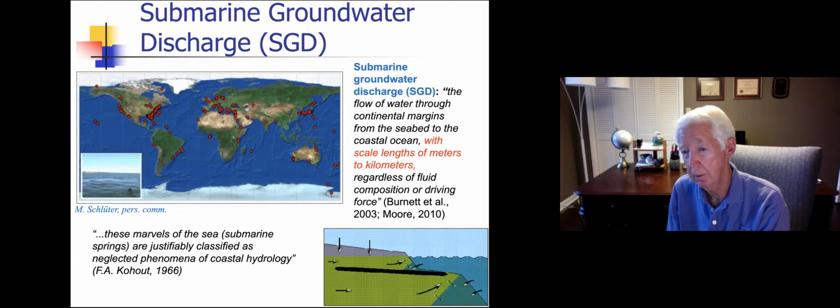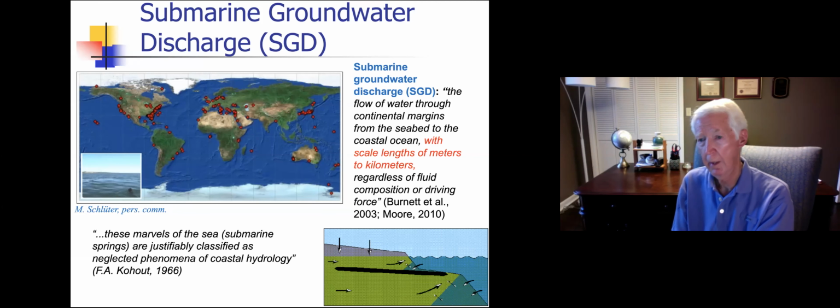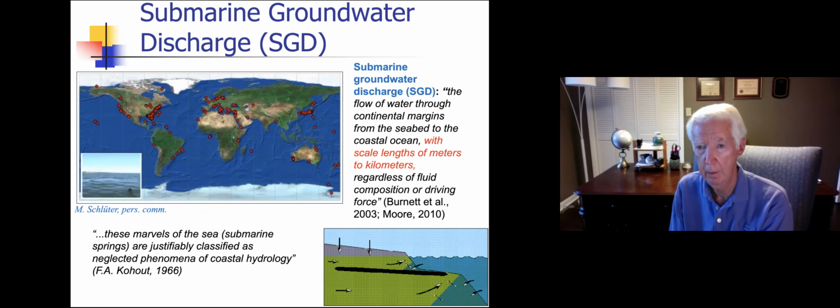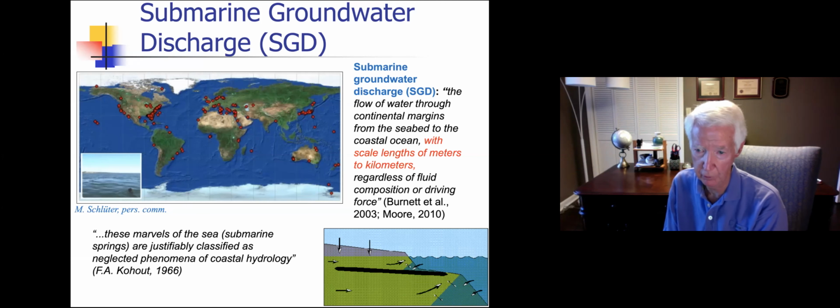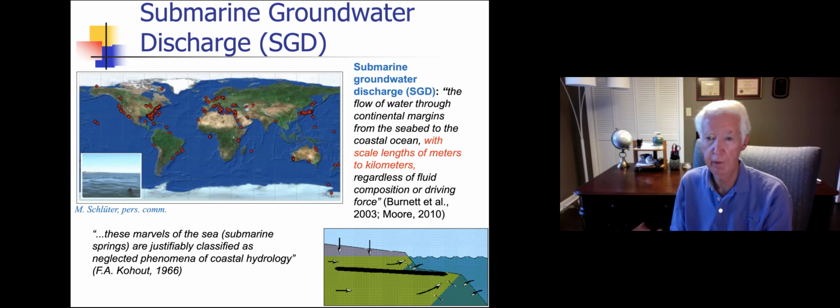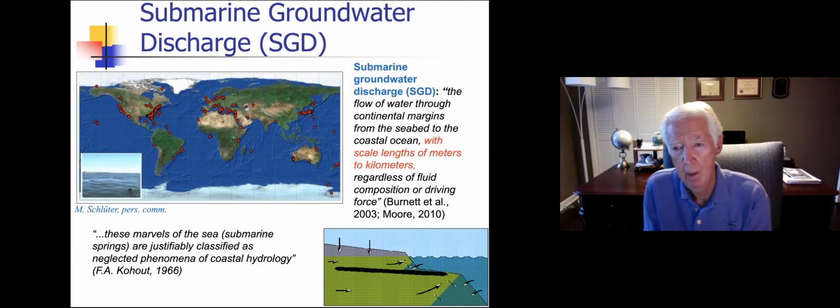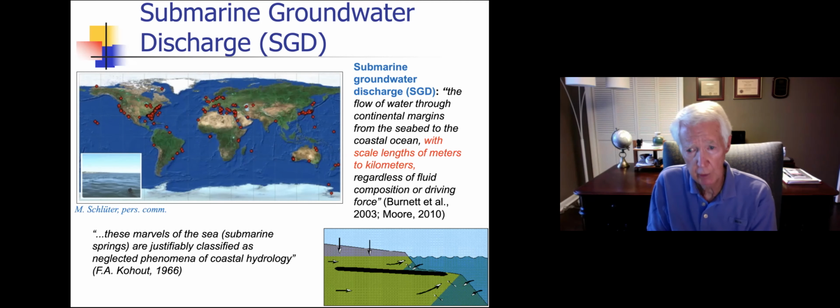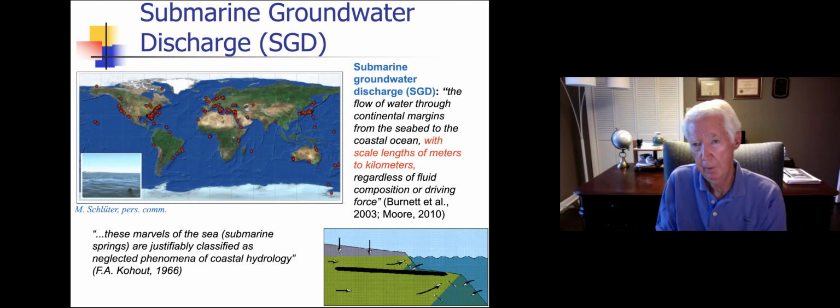Seven years later, Billy Moore wrote another review paper, and he modified this definition by adding the phrase in red, with scale lengths of meters to kilometers. So he was basically saying that what we now call pore water exchange is a different process than submarine groundwater discharge.